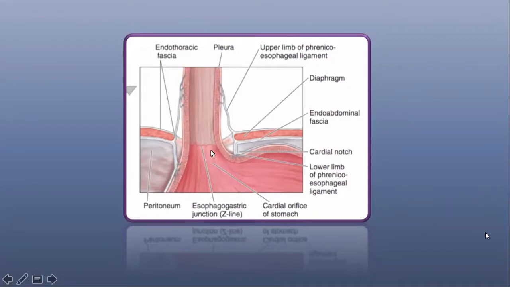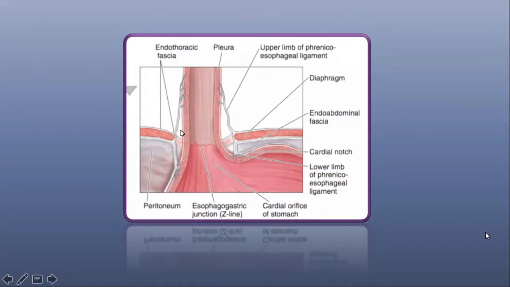Now, going back to the opening of your diaphragm, this is your diaphragm there. And there is an opening there. Again, that corresponds to your T10, right? Now, notice that this esophagus is actually attached to the margins of this opening here through your phrenicoesophageal ligament.